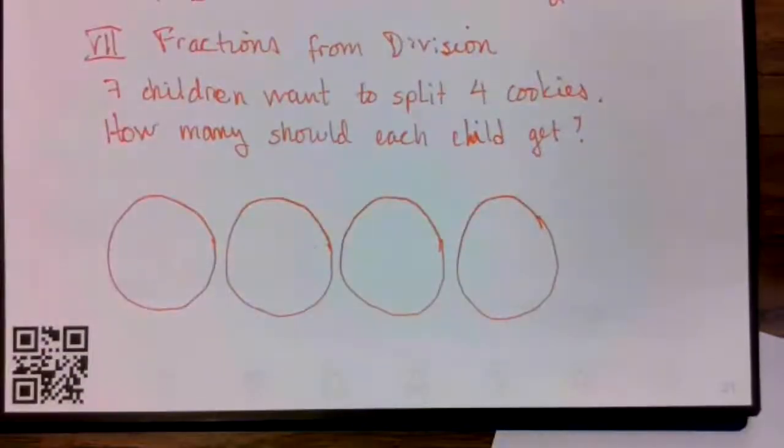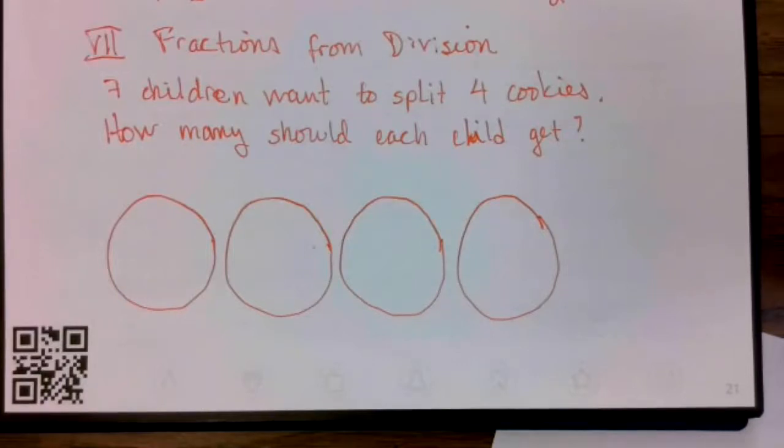Okay, what should I do? Okay, cut them in half. That might help. Now there's 8 halves. I could give each kid half a cookie, but then we have a leftover.